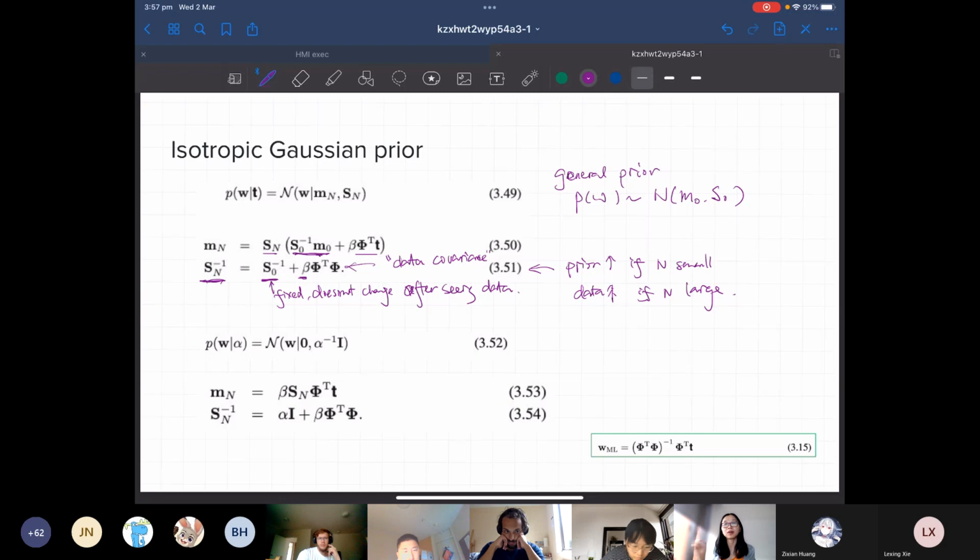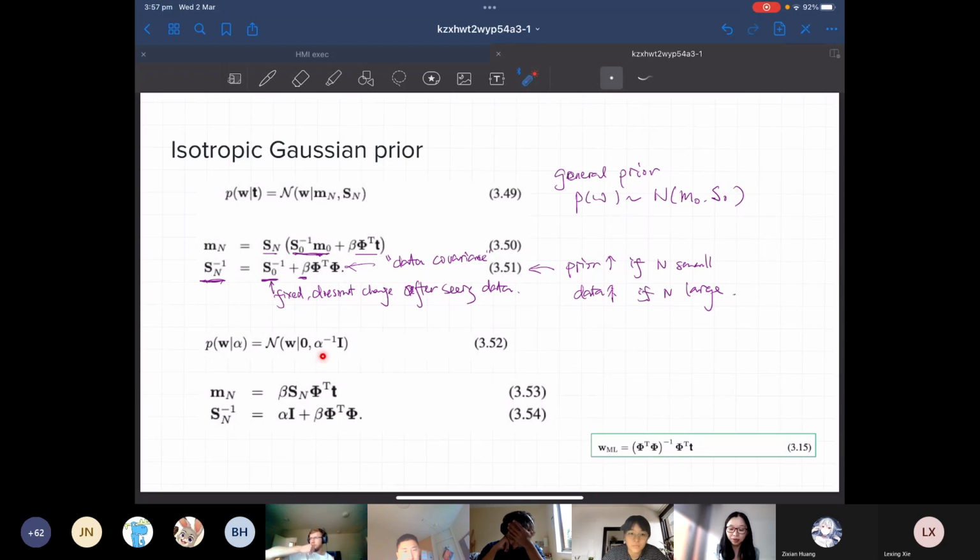Which is somewhat preferable. So let's look at another special case to help our intuition. Instead of saying we have this prior as a general multivariate Gaussian, as we have seen, manipulating general multivariate Gaussians involves lots of matrix expressions that can get in the way of an easy intuition.